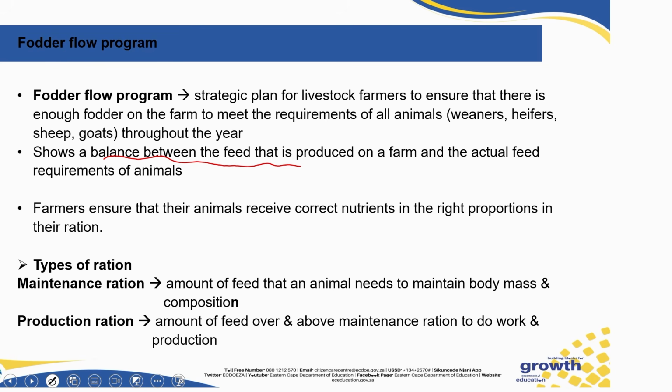A farmer needs to ensure that correct proportions of these feeds are available for animals to produce, with the correct nutrients in the right proportions. They need to be available for farmers to produce efficiently.